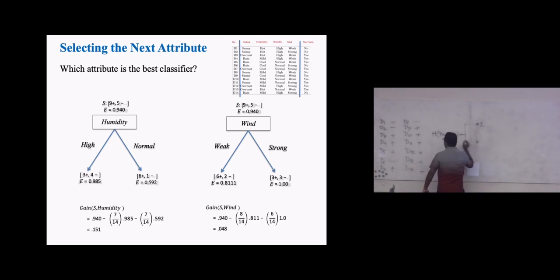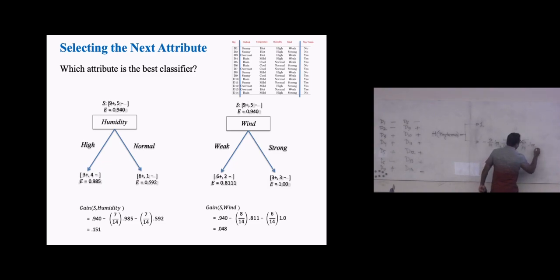But if I now look at this data, my entropy is going to be 9/14 log 9/14 minus 5/14 log 5/14.